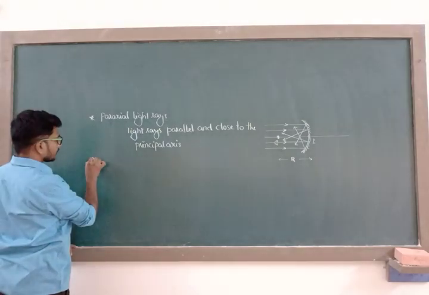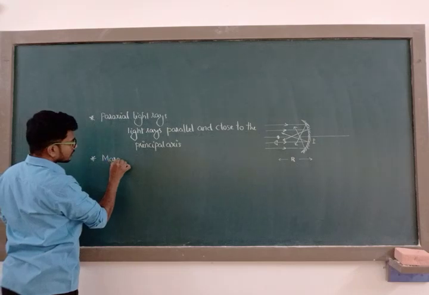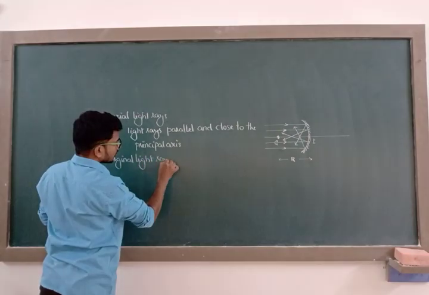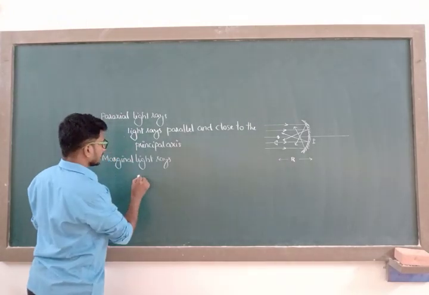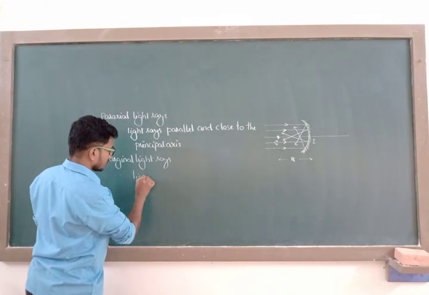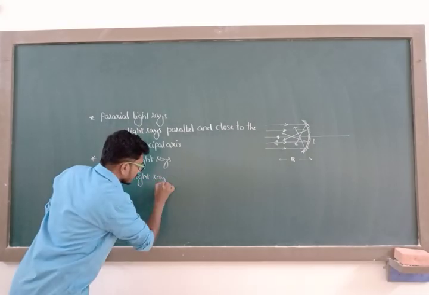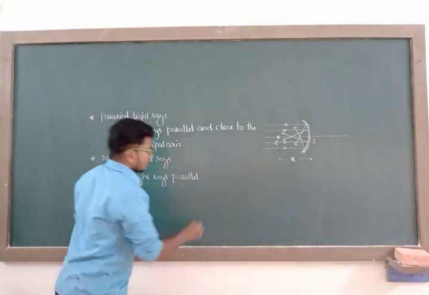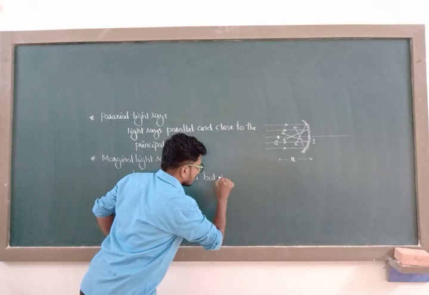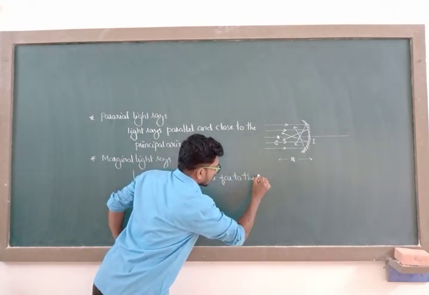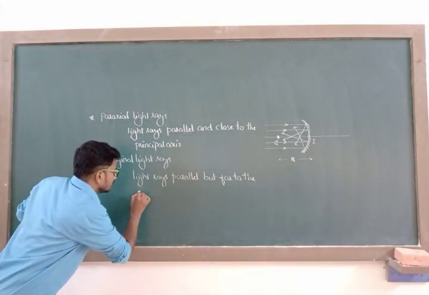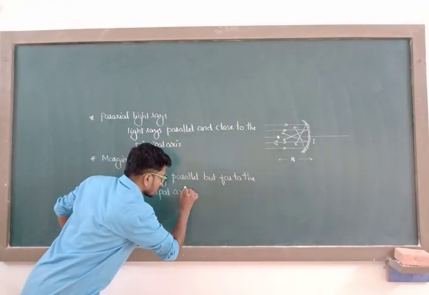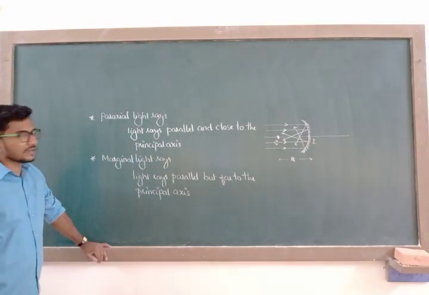Then marginal light rays are light rays that are parallel but far from the principal axis. These are known as marginal light rays.